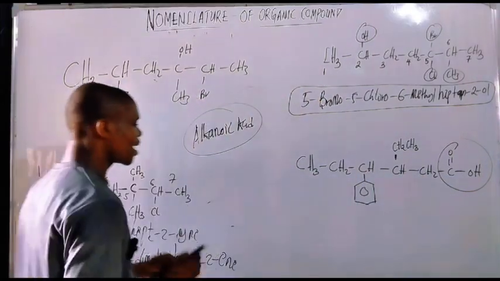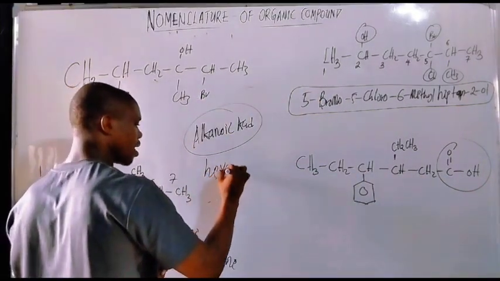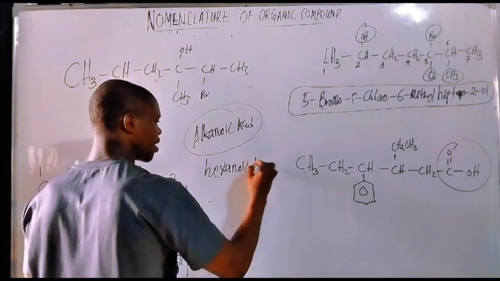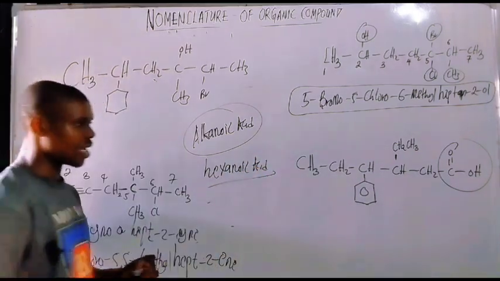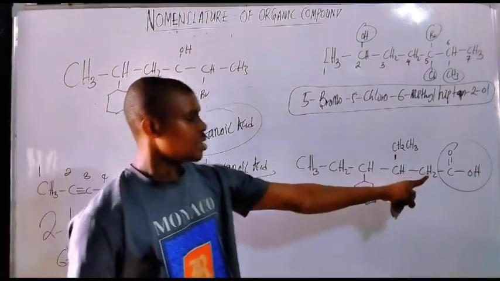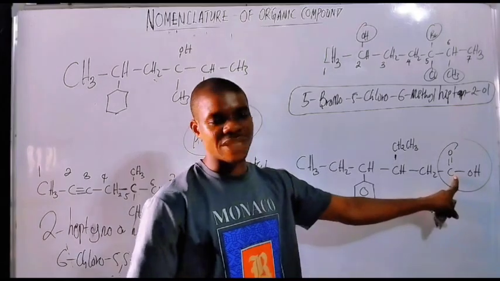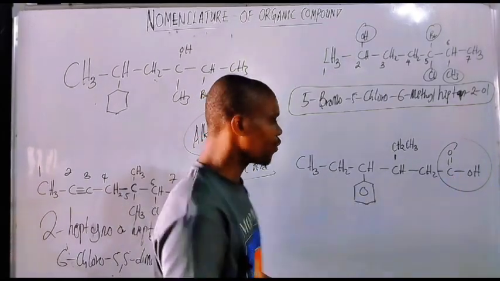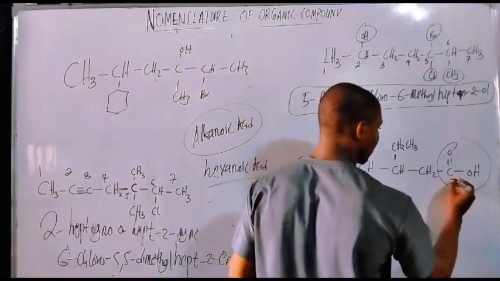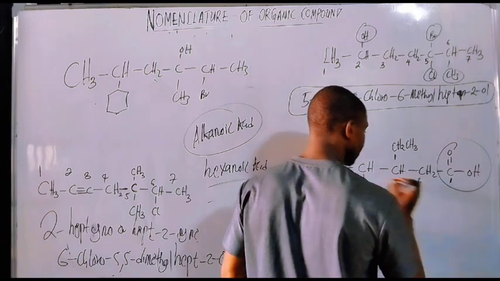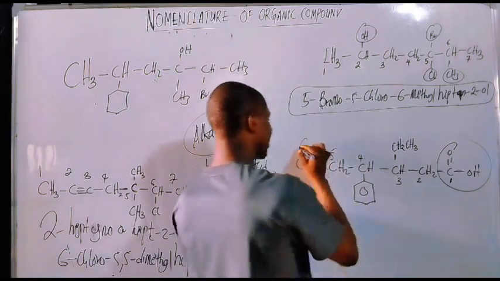It's going to be hexanoic acid. Now, this carboxylic acid group is always carbon 1. So the functional group is always my carbon 1. So here we have 1, 2, 3, 4, 5, 6.